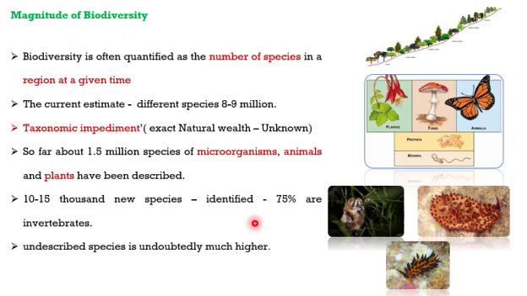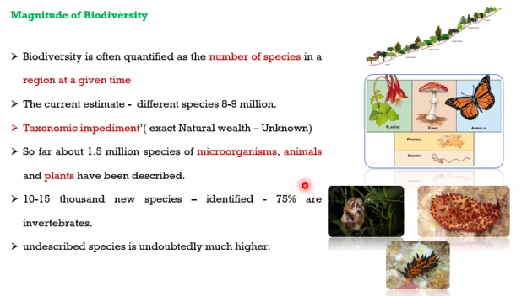The number of undescribed species is really very high, because every year you find only 10 to 15,000 new species. Our world's natural scientists have estimated that we might have more than 8 to 9 million species, but we have found and identified only 10 to 15,000 new species, and identifying them is not quite easy.